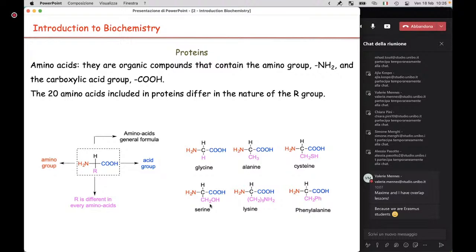Okay, all different amino acids. Okay, and in our body, in our proteins, we have about 20 different amino acids.